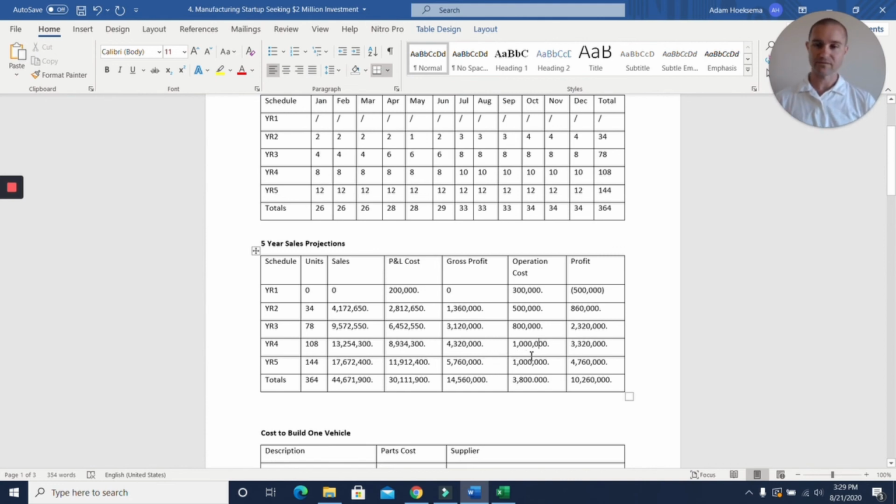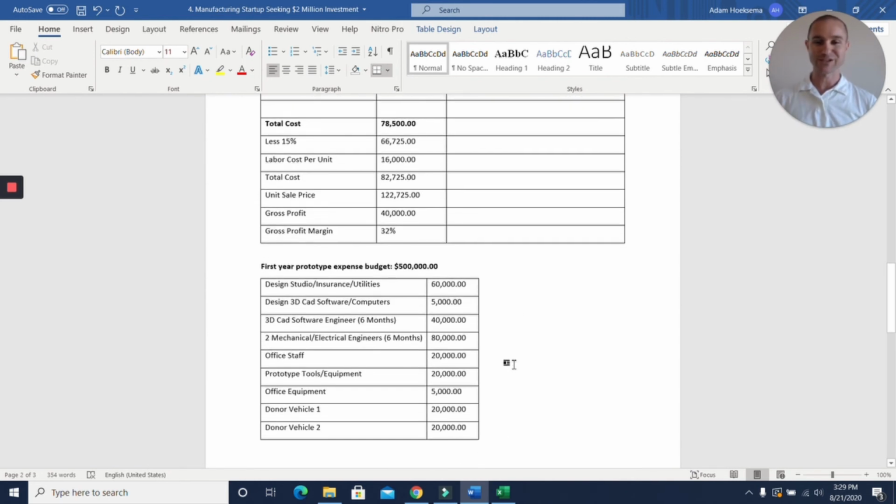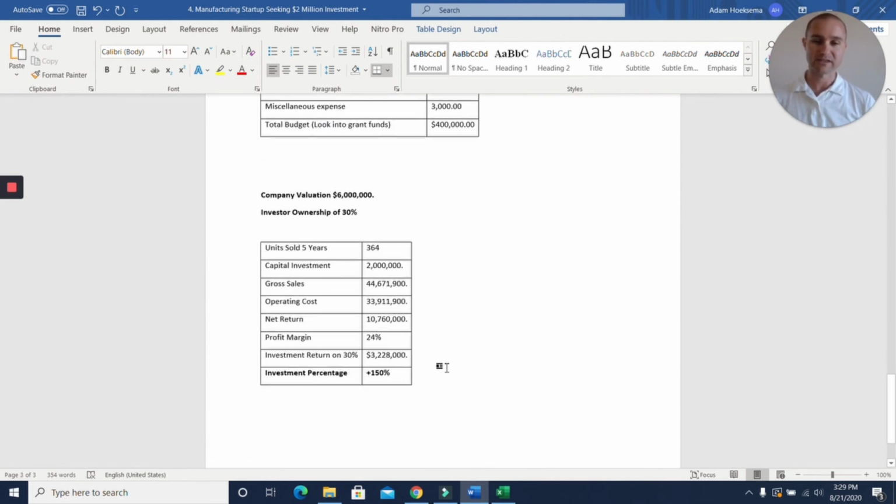So again, kind of final summary here is that you need a 3-statement financial model: cash flow statement, balance sheet and income statement, when you're going out to raise $2 million.